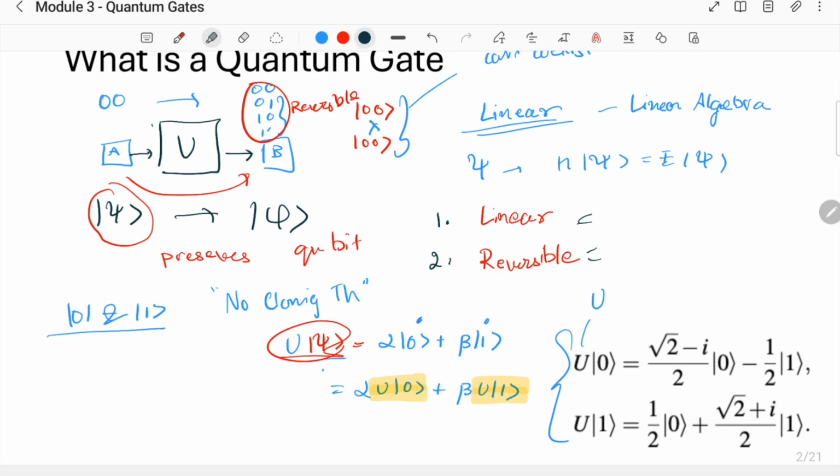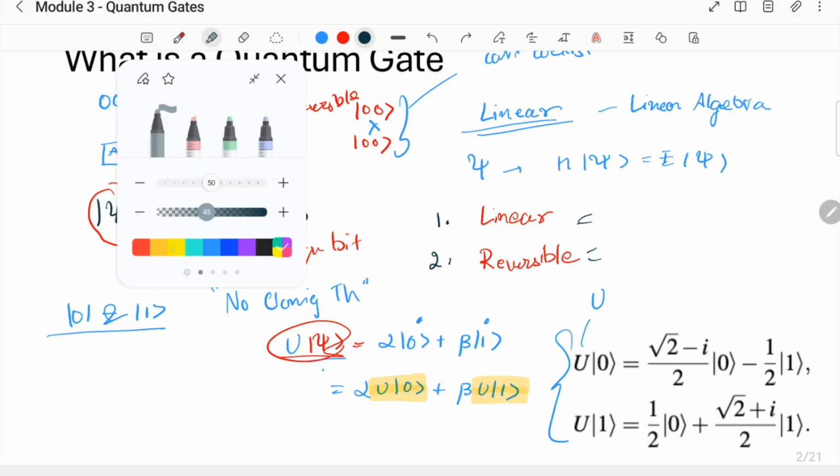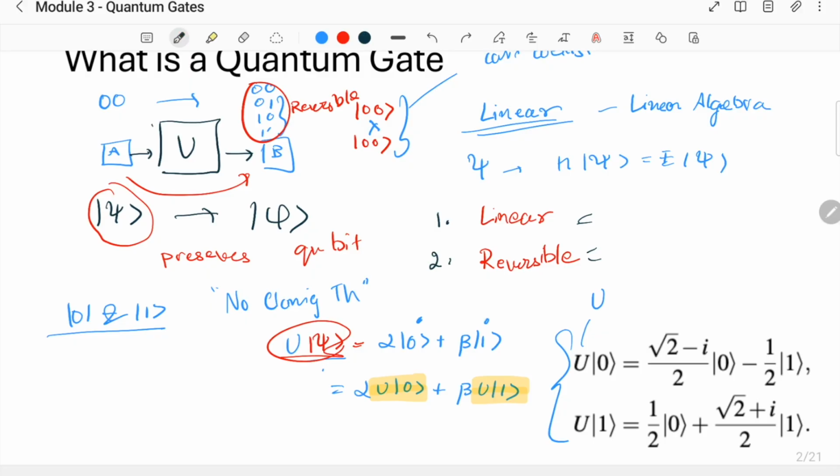Just a quick reminder, in the classical system, if we have two bits A and B, and we have to consider their output, let's say 0 0, 1 0, 0 1, 1 1, and we get an output, let's say it's just an OR gate, so we get 0 and here we get 1 1 1.